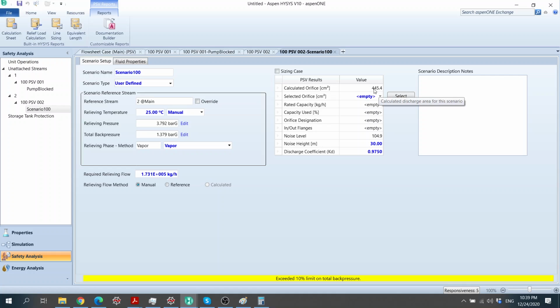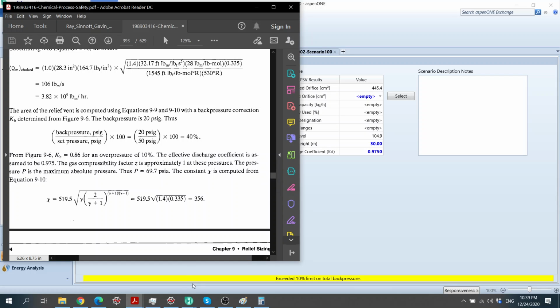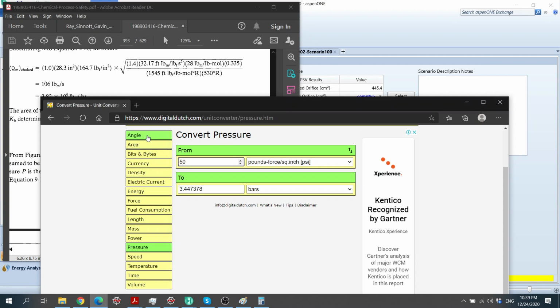Okay, so 445. Let's see what they have in square inch. 445 square inch area. 445, 68, 69.